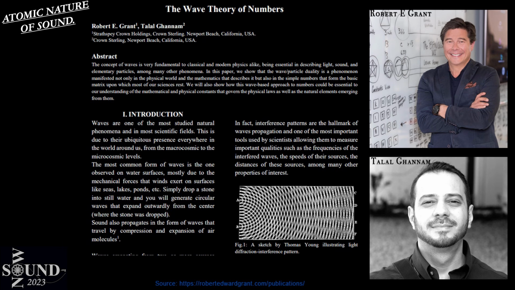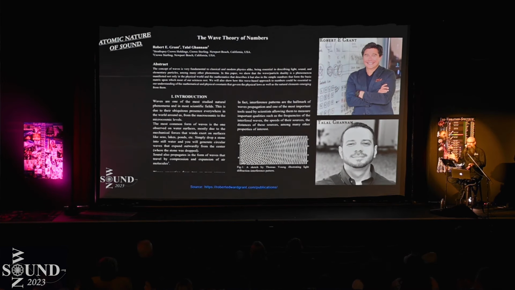We use numbers. So everything starts with numbers and mathematics, with vibration, sound and everything. In this paper, they show that when you line numbers up in certain patterns, they're in a wave pattern, and it backs up Young's double slit experiment.